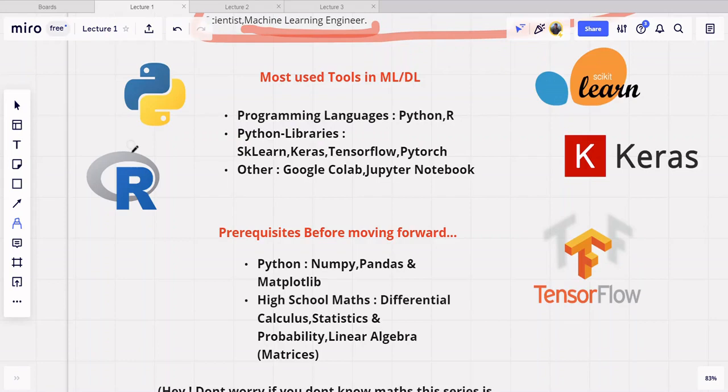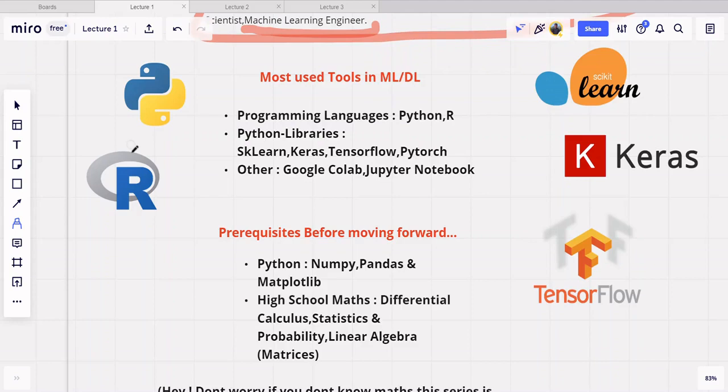But when it comes to deep learning, there is another library called TensorFlow. Okay, TensorFlow and PyTorch. So TensorFlow and PyTorch are one of the leading Python libraries or Python packages for deep learning. And Keras is basically just an API on top of TensorFlow.